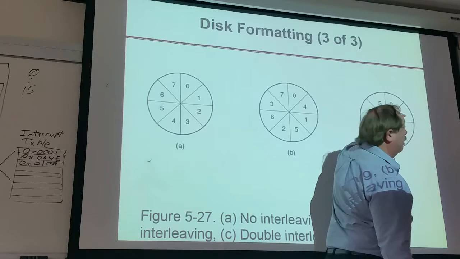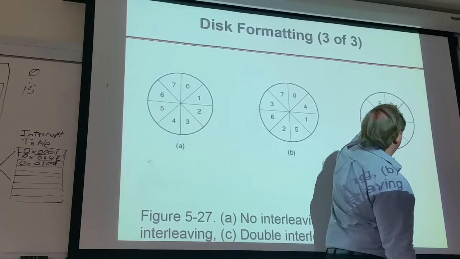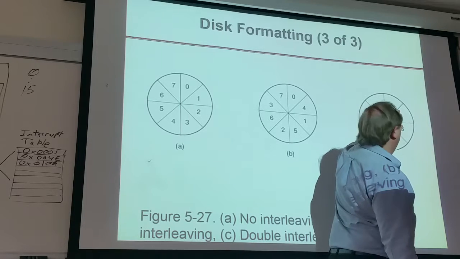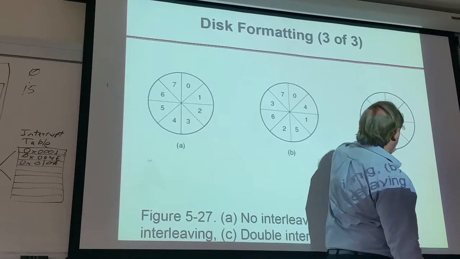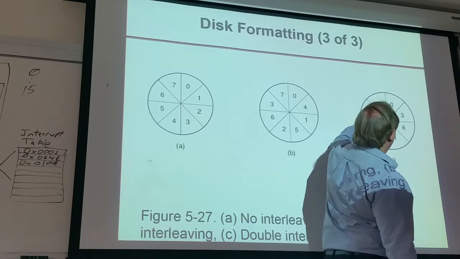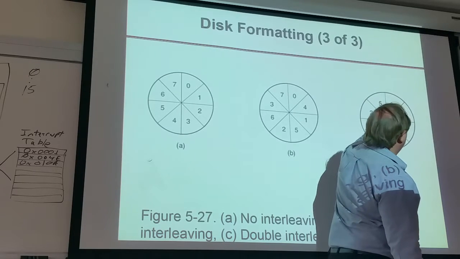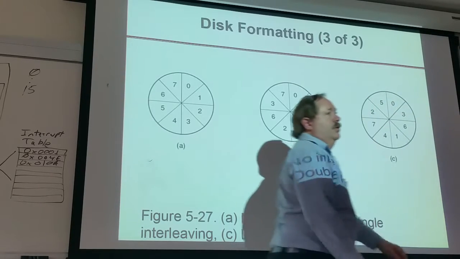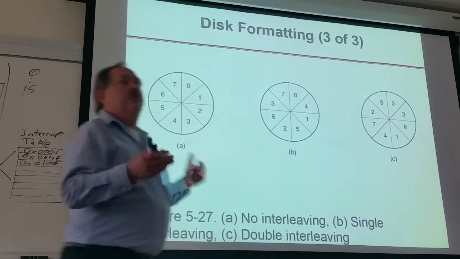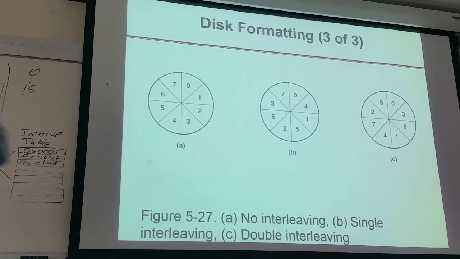And so we came up with a double interleaving scheme where we said, okay, 0, but now instead of skipping 1, we skip 2. So 0, 1, 2, 1, 1, 2, 2, 1, 2, 3, 1, 2, 4, 1, 2, 5. Okay, so that gave us more time between sectors moving underneath the heads than we had before.